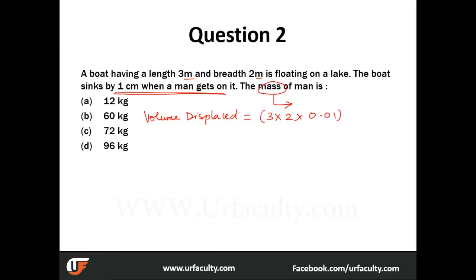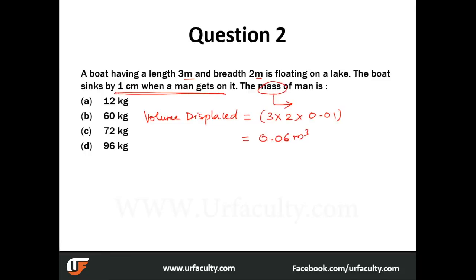When the man got into the boat, the level by which it went down is 1 centimeter, because of which there's a change in volume, right? So the volume of water displaced because of the downward push of the boat is 6 into 0.01, which is 0.06 meter cube.